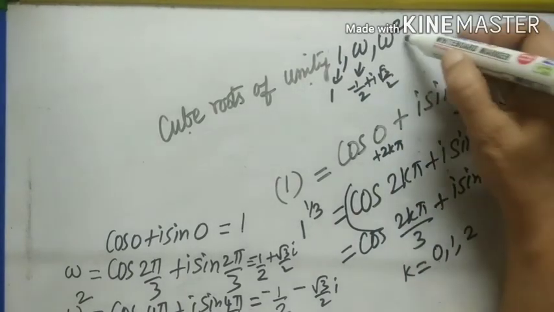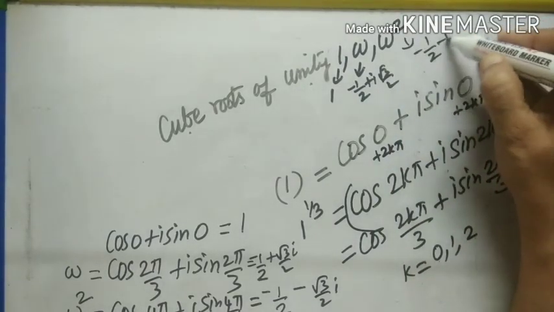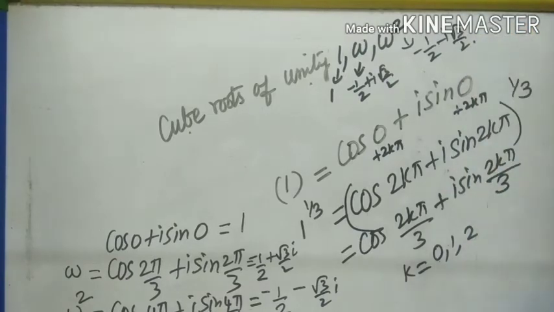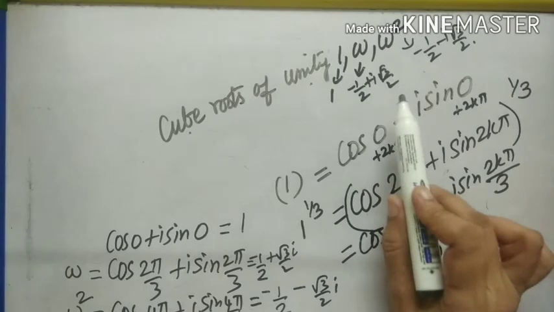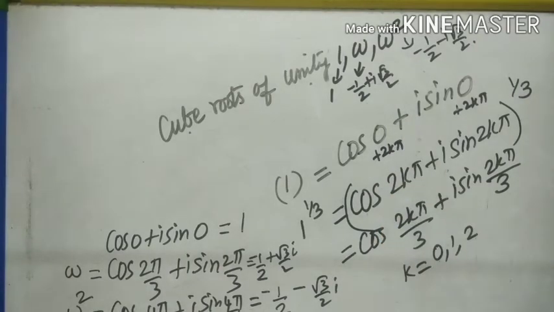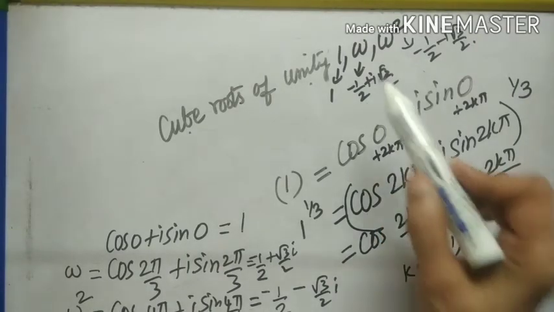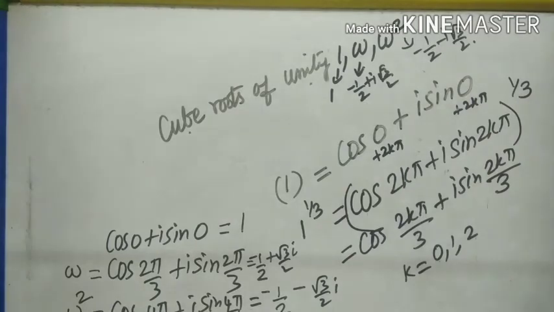And what is omega square? Minus half minus i root 3 by 2. So wherever you see minus half plus i root 3 by 2 in this exercise, you can immediately remember it can be omega, and with the negative symbol it will be omega square. Now I have the 3 different answers for cube roots.